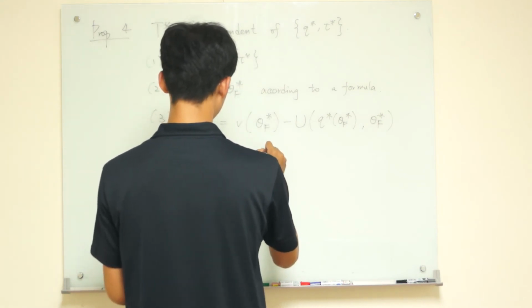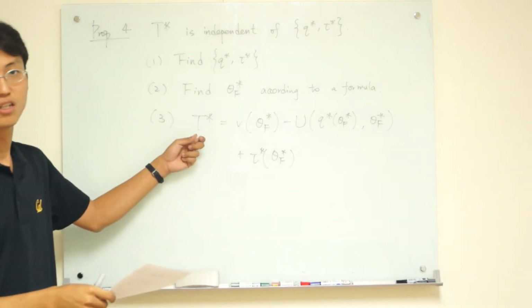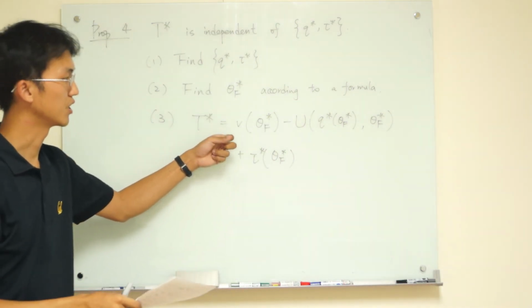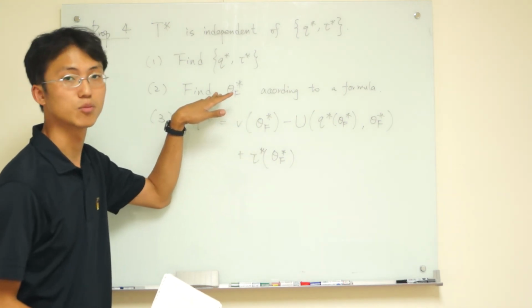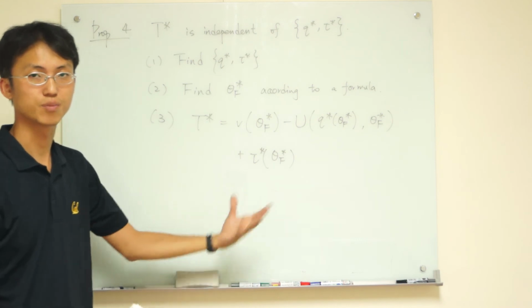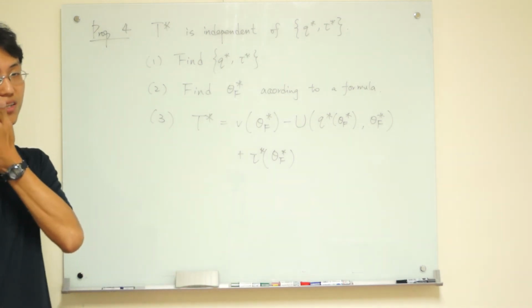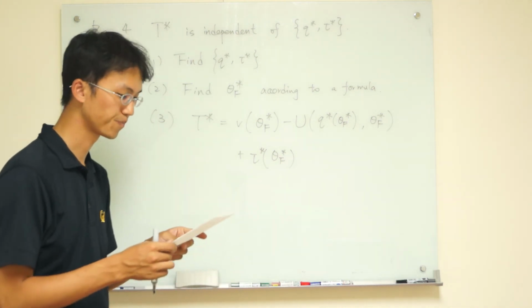Here we have a lot of notation, but it just means the transfer payment should be the one that makes the optimal type, the optimal cutoff, indifferent between the all-you-can-eat plan and the original usage-based plan.